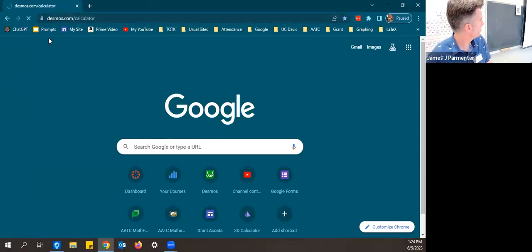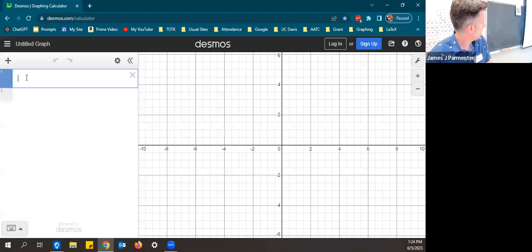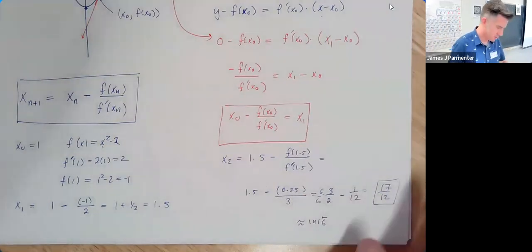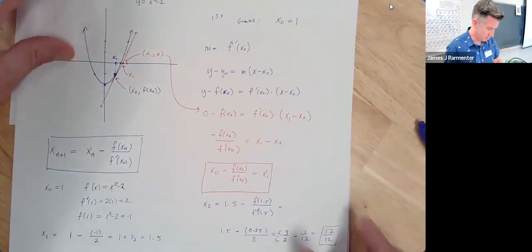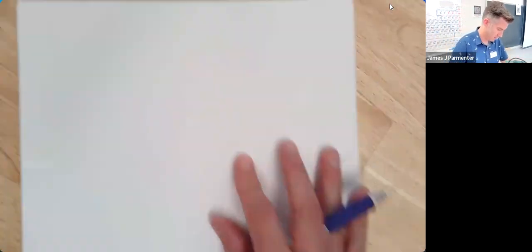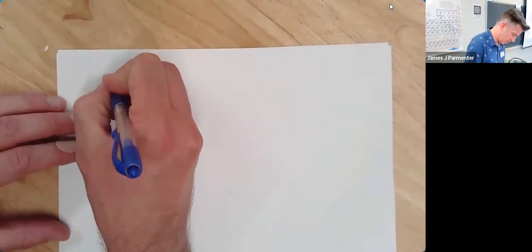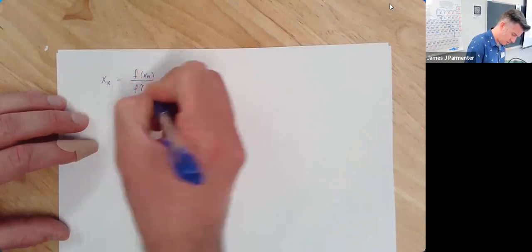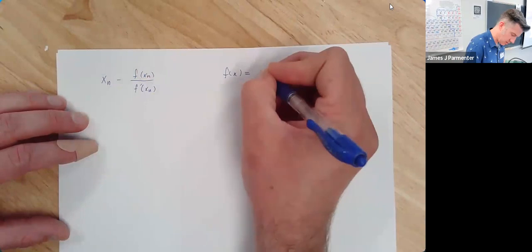I'm trying to calculate this thing where my function, so I would probably write out the actual formula here, meaning x sub n minus f of x sub n over f prime of x sub n, where f of x is x squared minus 2.